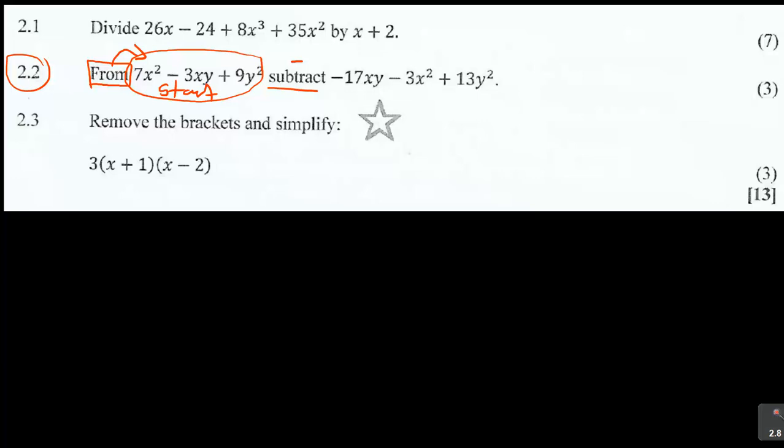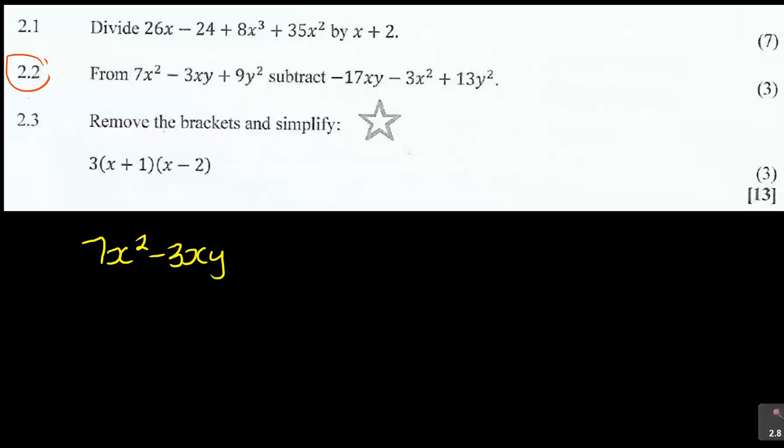So from, what I have is 7x squared minus 3xy plus 9y squared. From that, it says subtract. There is the subtract.